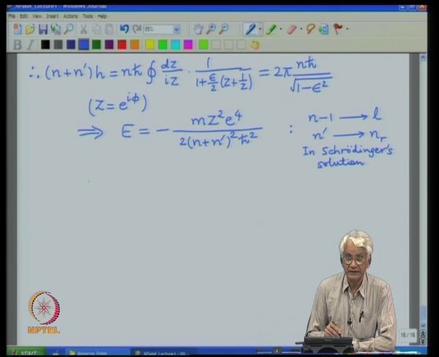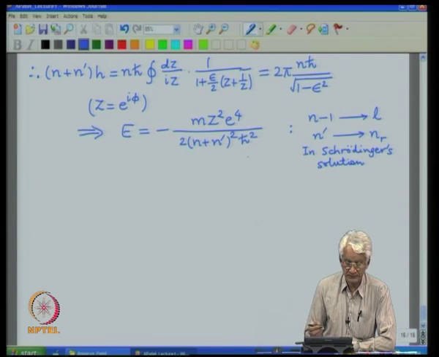Of course, this semi-classical derivation left several things unexplained. First, the interpretation of why only certain discrete orbits were allowed and some were not, what is the plane of the orbit in respect to the 3-dimensional space.